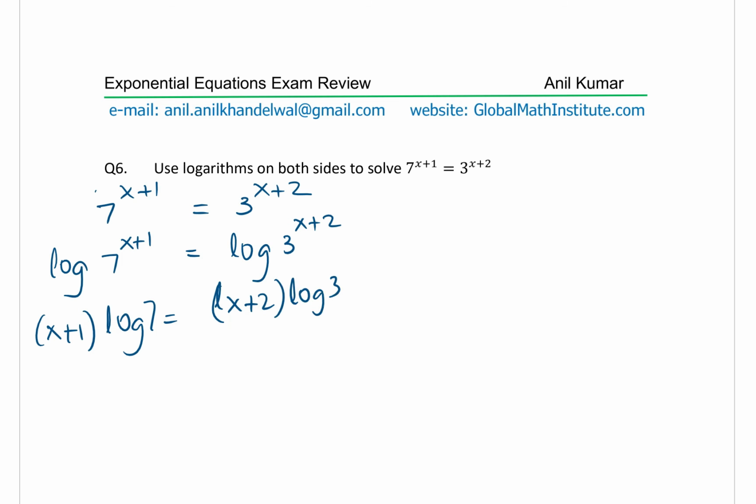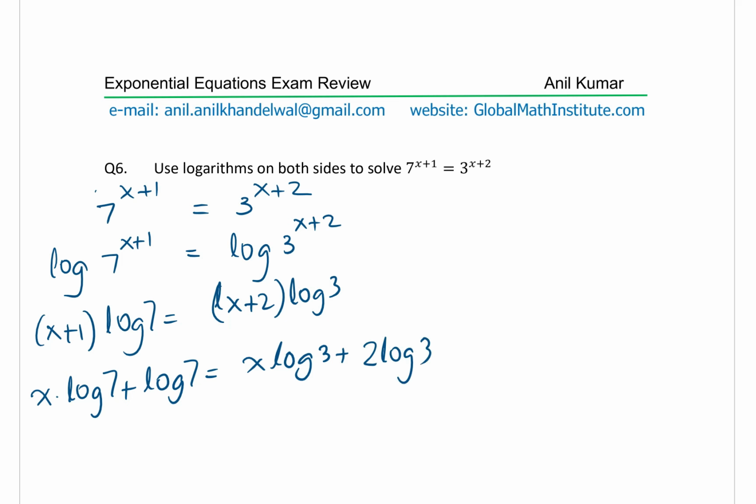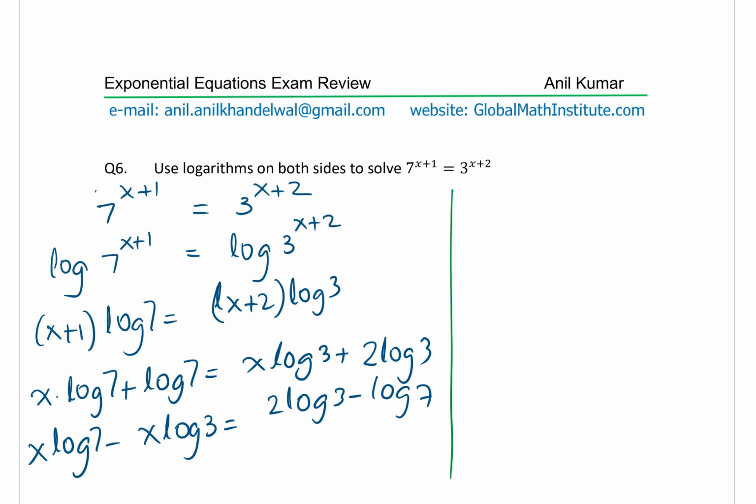We can expand and simplify. So we get x log 7 plus log 7 equals x log 3 plus 2 log 3. Let's bring x terms together. We get x log 7 minus x log 3 equals 2 log 3 minus log 7. We can now isolate x by first factoring.